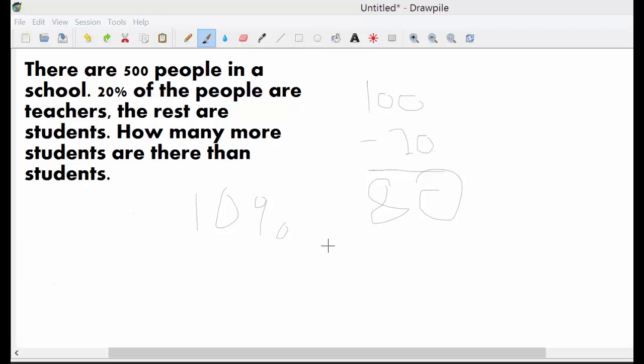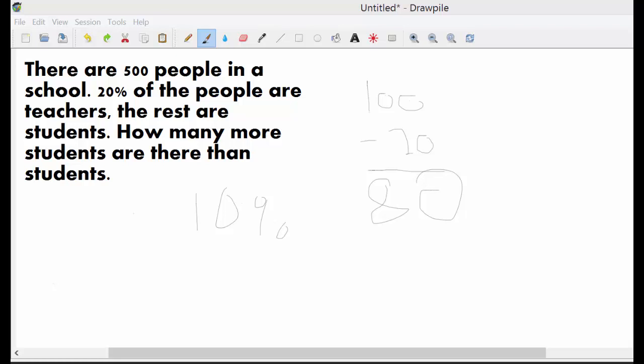Then 50 times 2 gives us 20%, since 10 times 2 equals 20. So then we get 100. So there are 100 teachers in the school, and the rest are students.